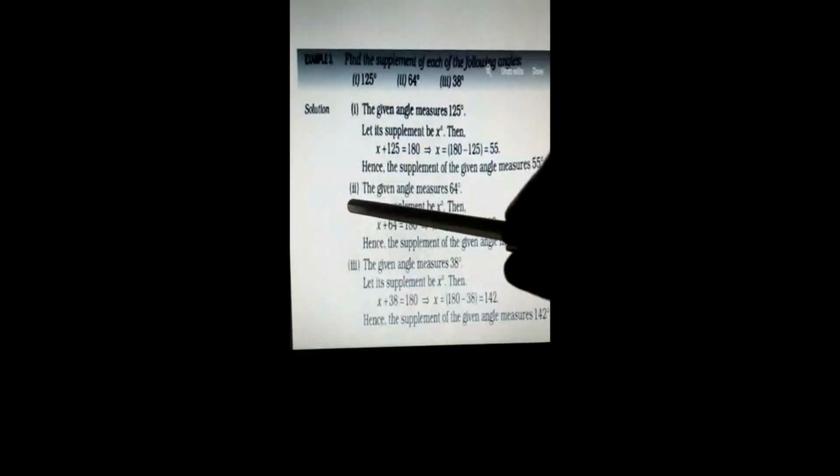Hence, the supplement of the given angle measures 55 degree. Now see the second one. The given angle is 64 degree. Now the supplement will again be x degree. So x plus 64 is equal to 180. That means x is equal to 180 minus 64. That is 116. Hence the supplement of the given angle measures 116 degree.